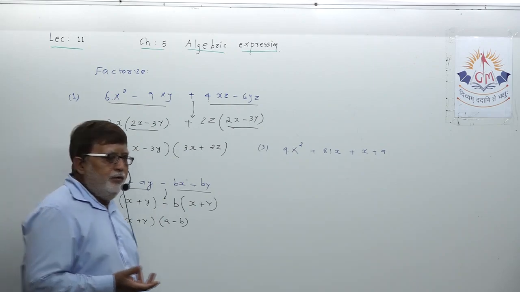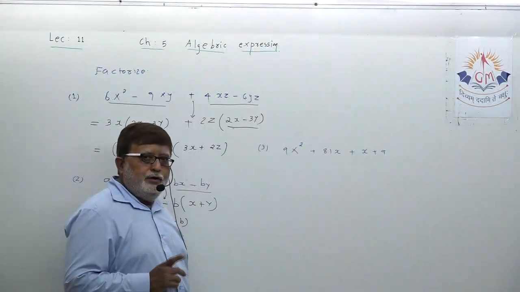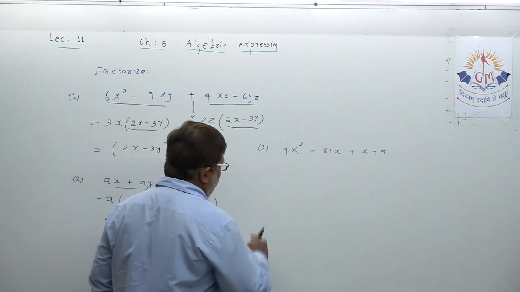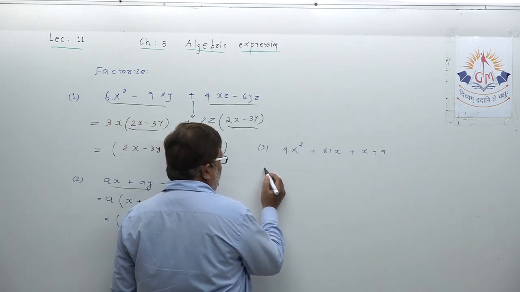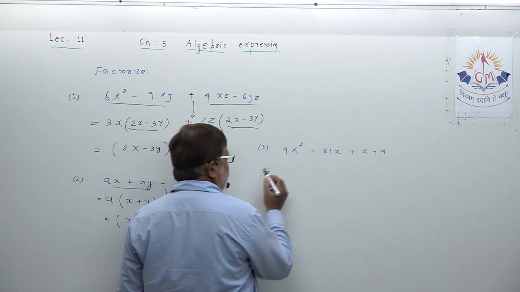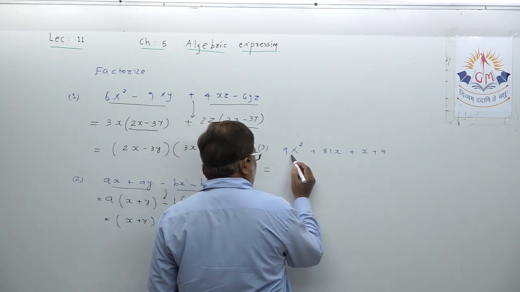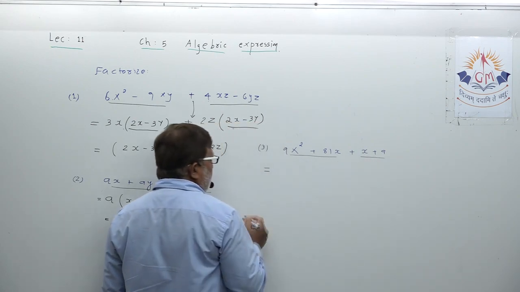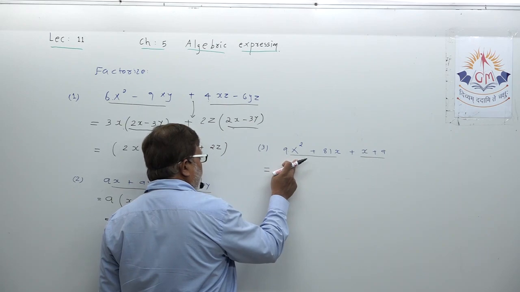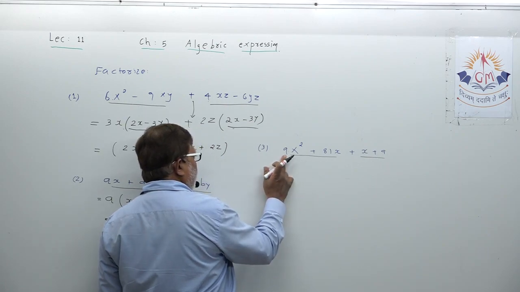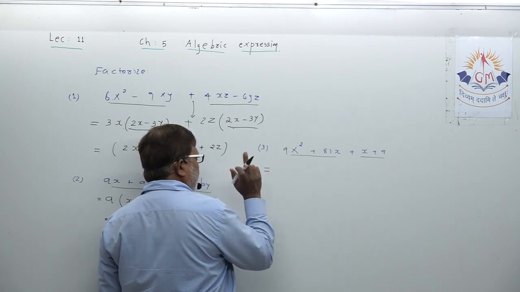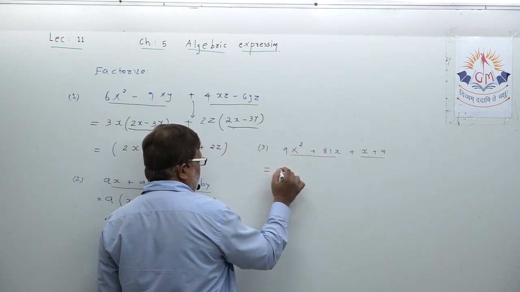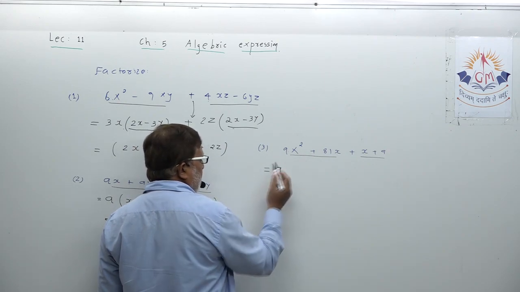Again a compound factorization. Okay, dear student, concentrate. As I told you, when you take out common, you have to target two terms each. From here, if you factorize 9, it will be 9 times 1. This is 9 times 9. So 9 is common.